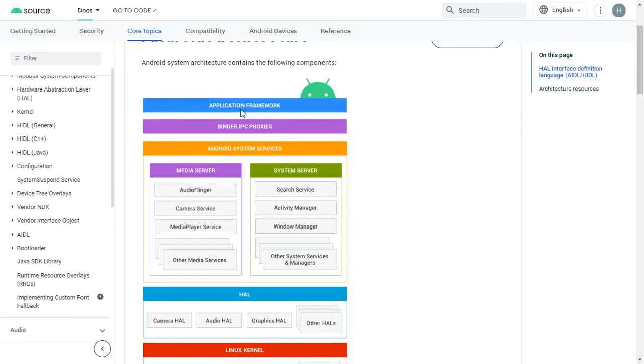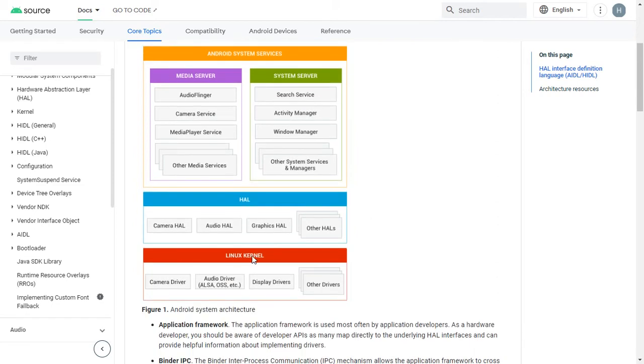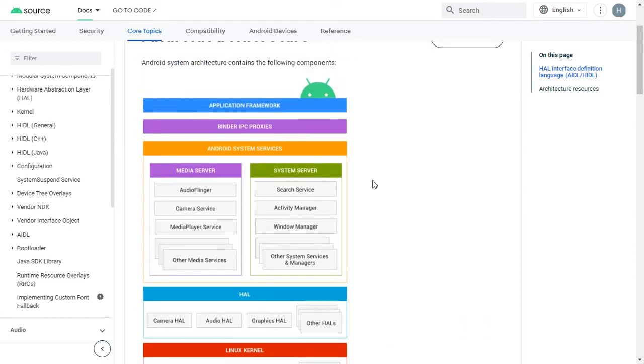Basically Android divides itself into the application framework, Android system services, HAL, and Linux kernel. I think most of you are thinking that I forgot the binder IPC proxy, but I will discuss it. The Android application framework is a framework on which the Android SDK is written.